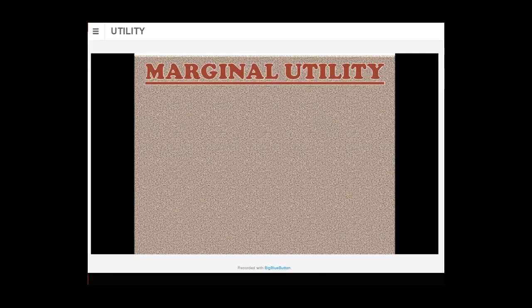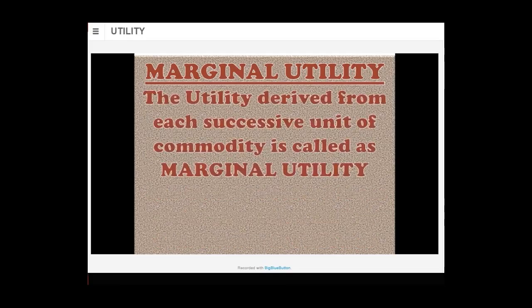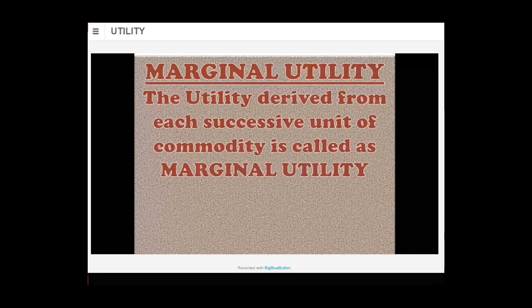The utility derived from each successive unit of commodity is called marginal utility.